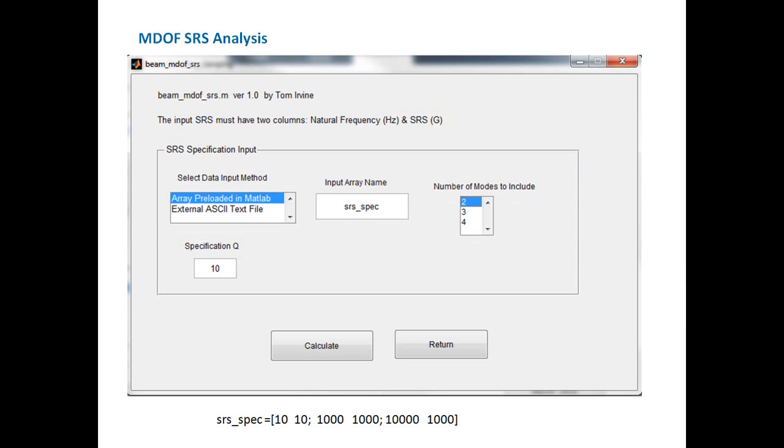We can also go back and revisit our multi-degree of freedom SRS calculation method that we covered in a previous unit. Let's go ahead and find out where this is. We've already called in our specs.